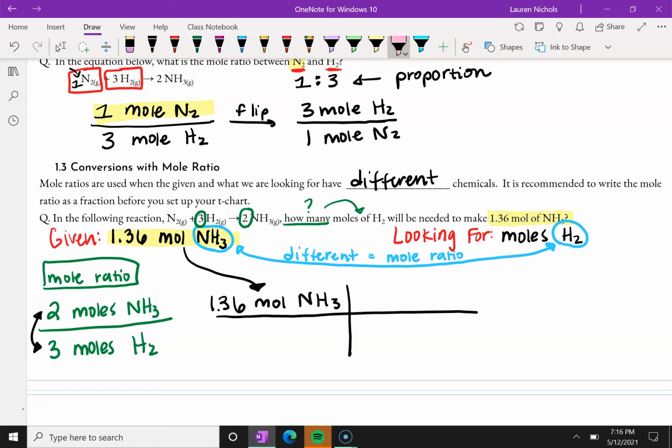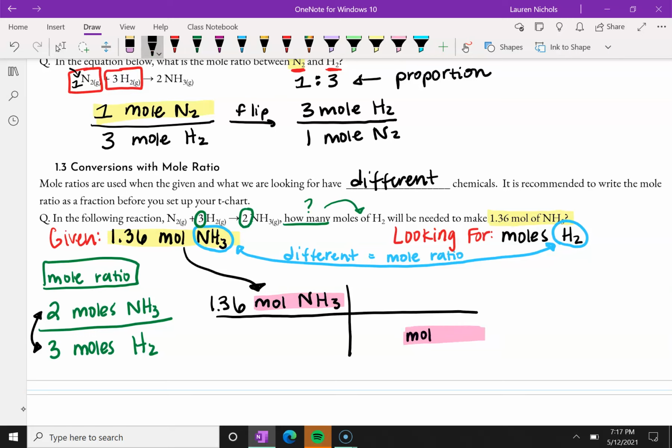Well, this is where the pattern comes in. When you make conversions, you're basically setting up your proportion so that your units and chemical cancel out. So whatever chemical and unit you have in your given needs to appear in the denominator of your fraction.